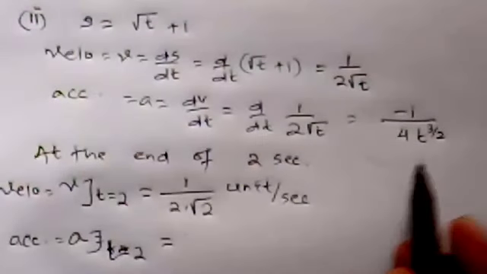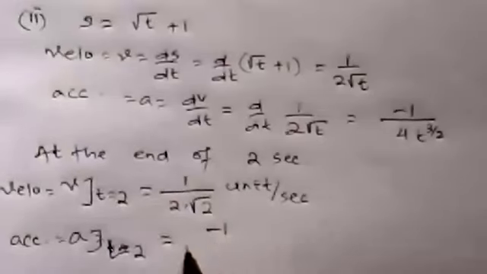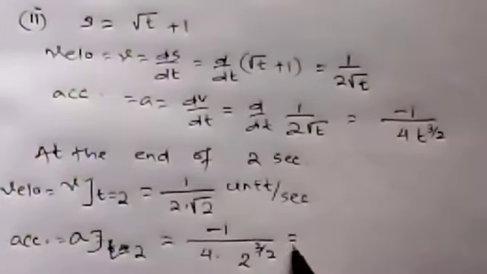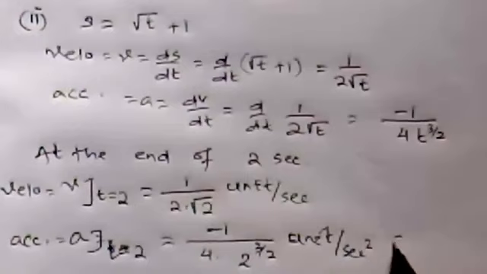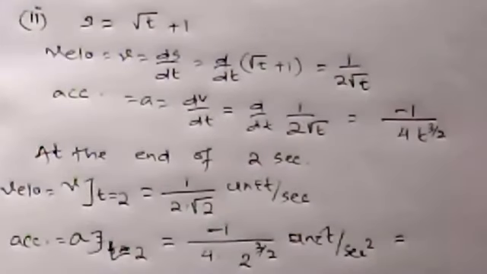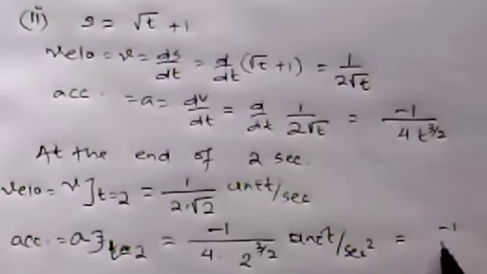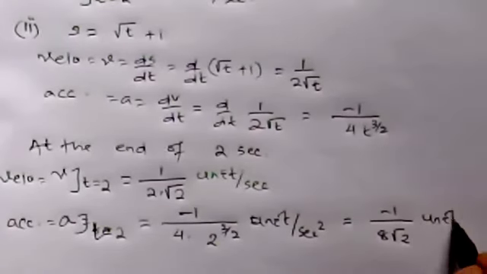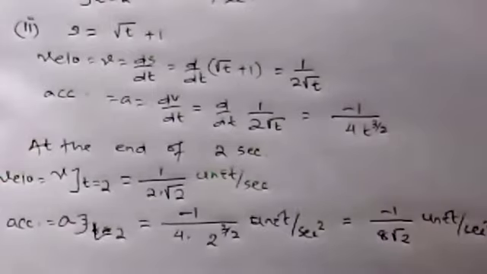So if we put t is equal to 2, this will be minus 1 upon 4 into 2 to the power 3/2, and this is unit per second square. So now if we simplify this, this will be minus 1 by 8 into √2 unit per second square.